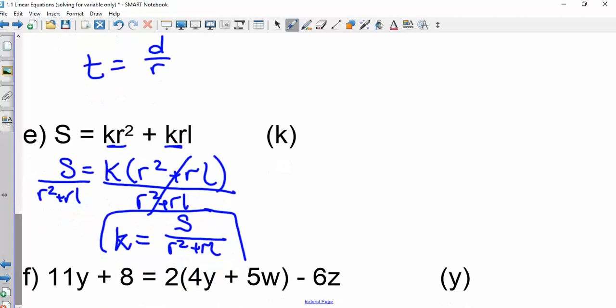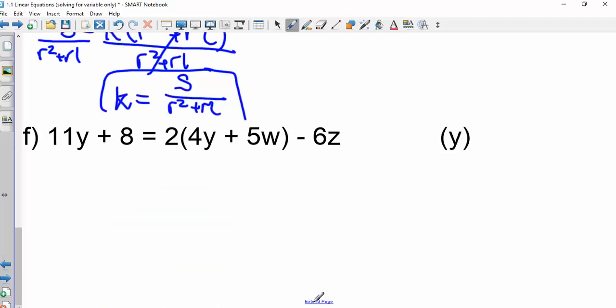All right, one more for us to do together. I want to solve this one for y. What would you suggest we do first?